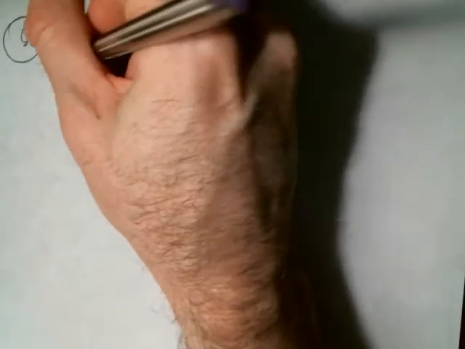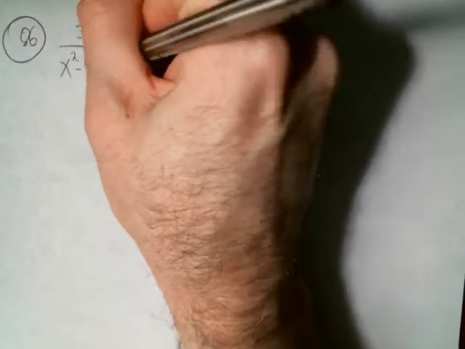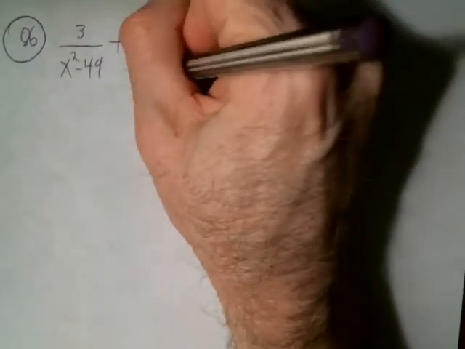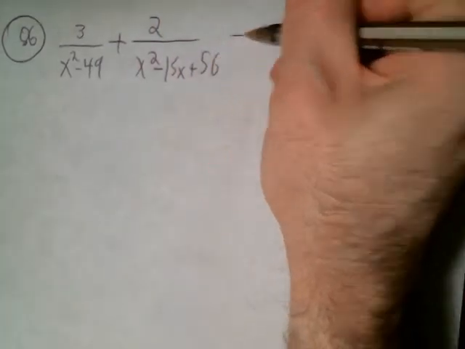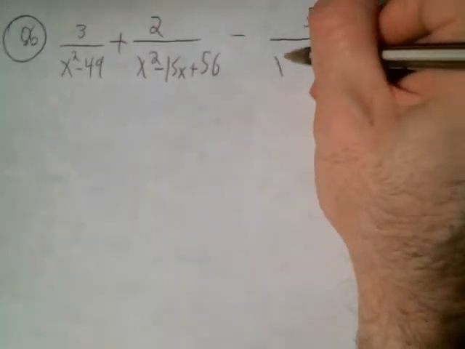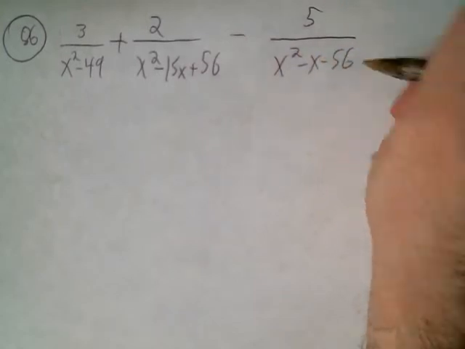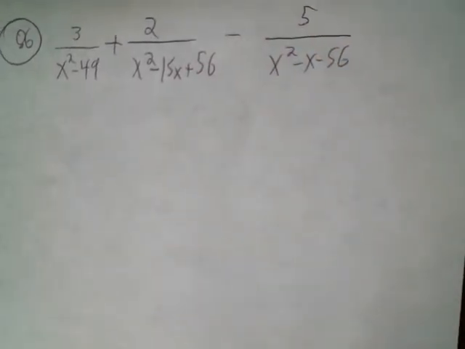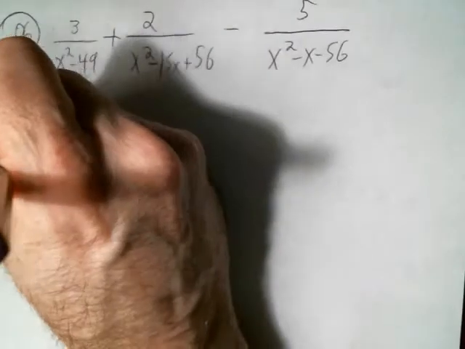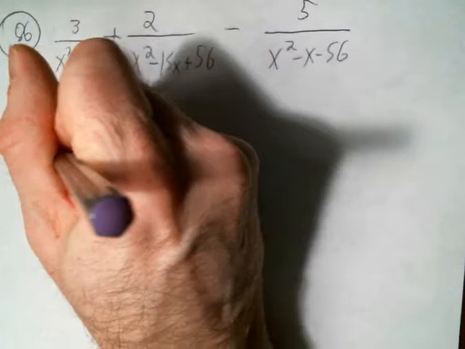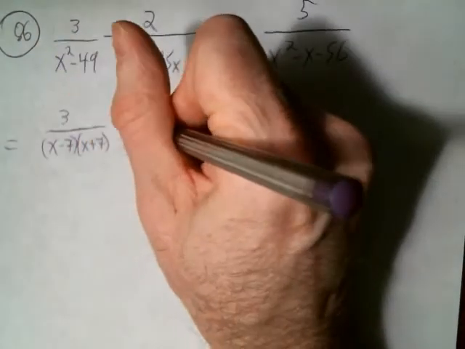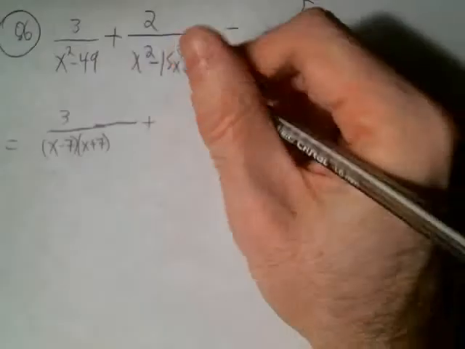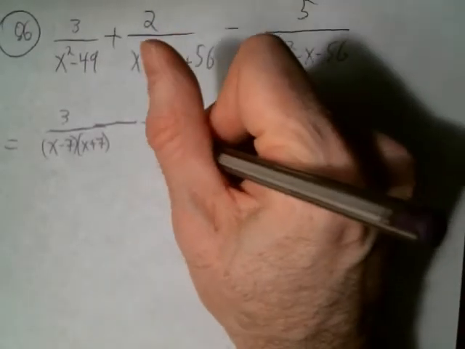Okay, so 3 all over x squared minus 49 plus 2 all over x squared minus 15x plus 56 minus 5 all over x squared minus x minus 56. Okay, that's what it's supposed to be. Sorry. Okay, so factor all the denominators. Leave a little room because you're going to have to find a common denominator.